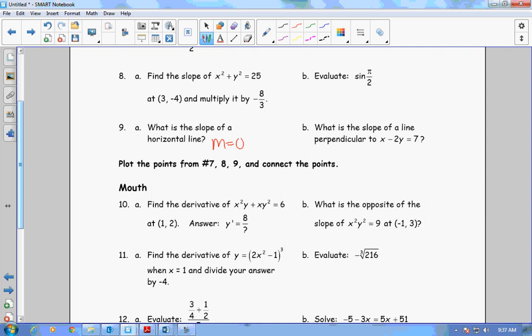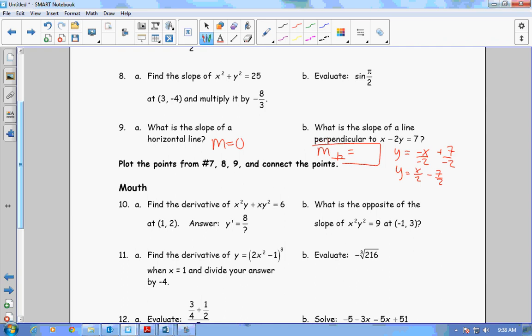Okay, so when you solve this, we have y equals negative x plus 7 divided by negative 2. So the original slope is 1/2. So the perpendicular, or remember that other word, what's the other word for perpendicular?